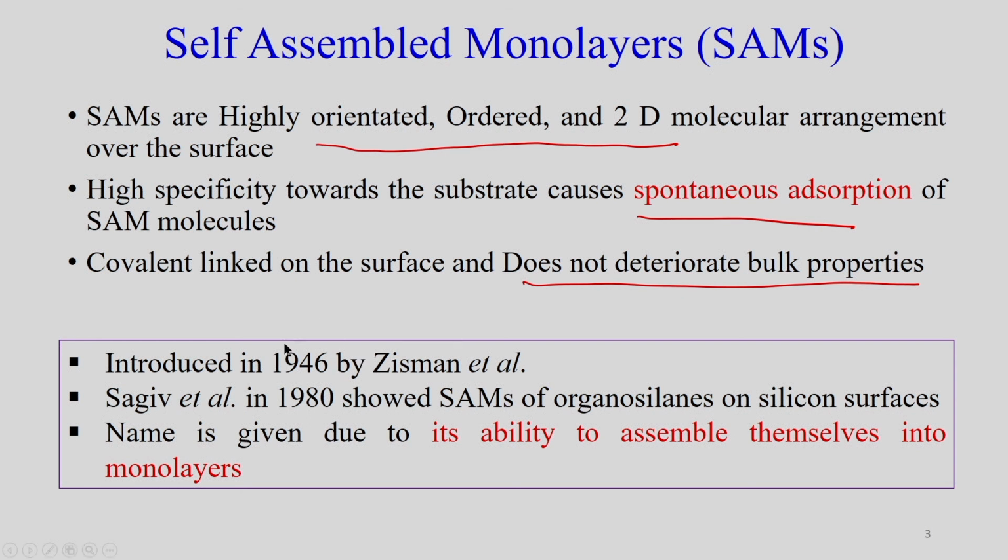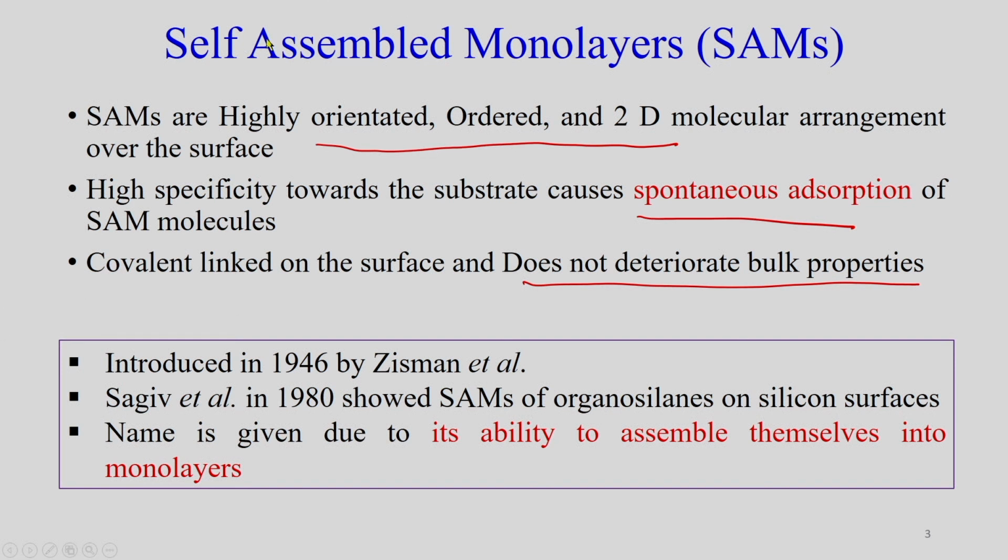I will quickly go through the historical perspective. In 1946, Zisman et al. introduced the term self assembly, and in 1980, Sanjeev et al. showed the formation of self assembled monolayers of organosilane on silicon surfaces.